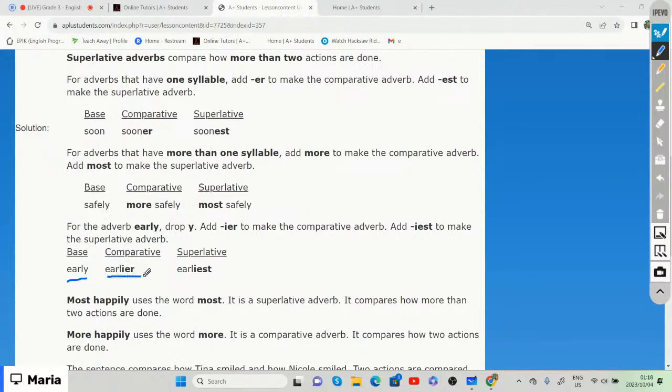Earlier. And if we compare more than two actions, then we can say earliest. And we dropped our Y, earliest.